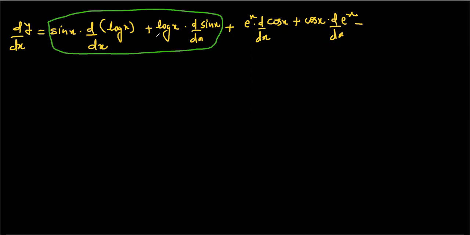This is the product rule for the first one. This is the product rule for the second one. So whenever you apply the product rule, you end up getting two terms with a plus sign in between. The same thing would happen here also.